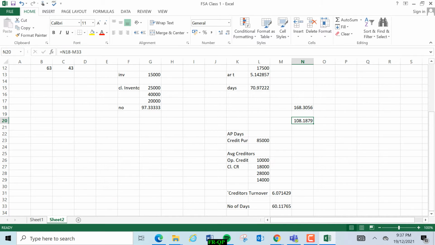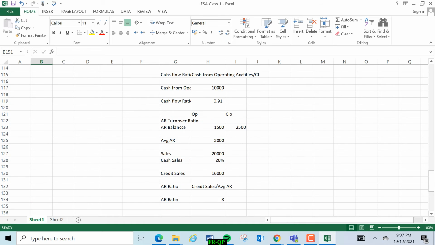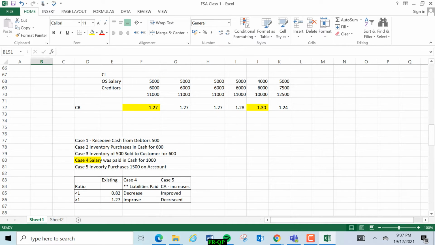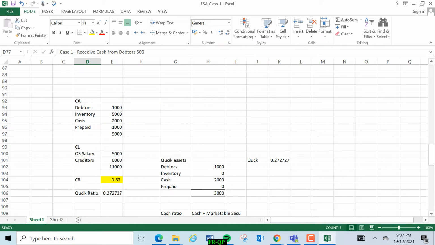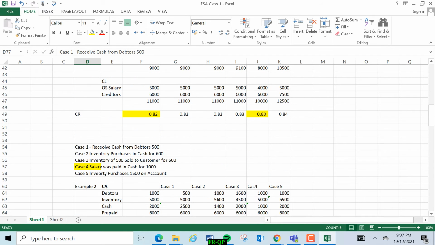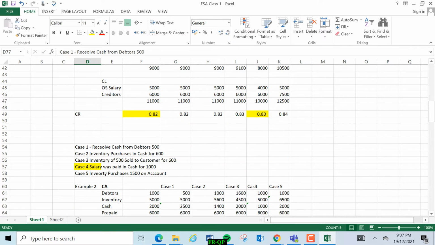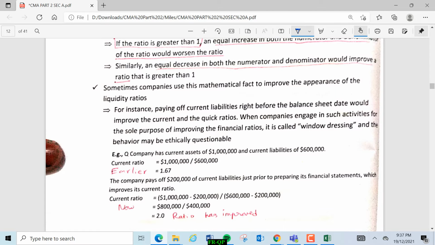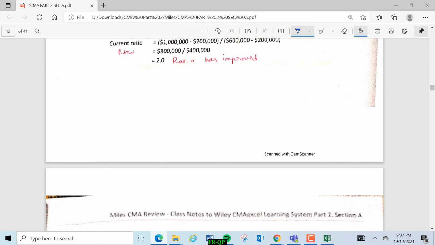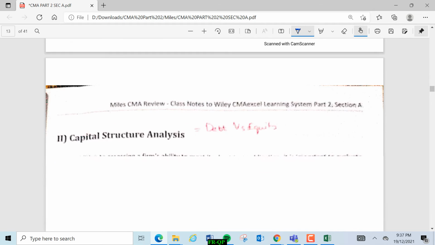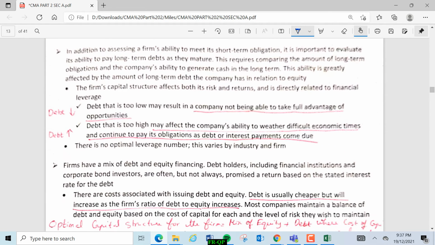I have taken 10 scenarios here. It's not just 5. I have taken 10 scenarios, 5 for case 1 and 5 for case 2. So if you just revise this, you will understand how this ratio algebra works.